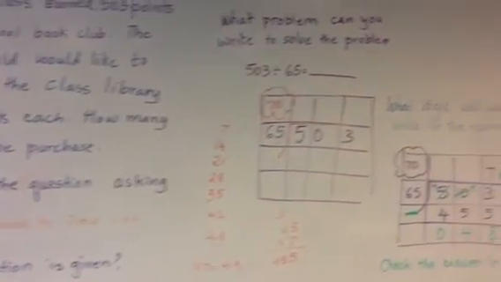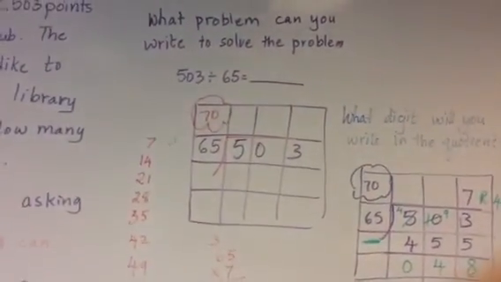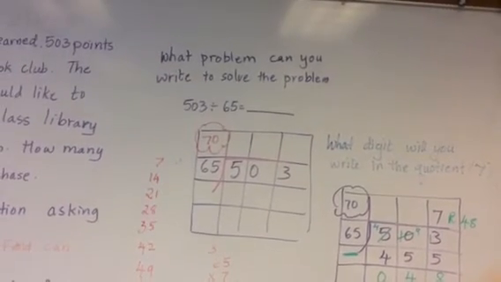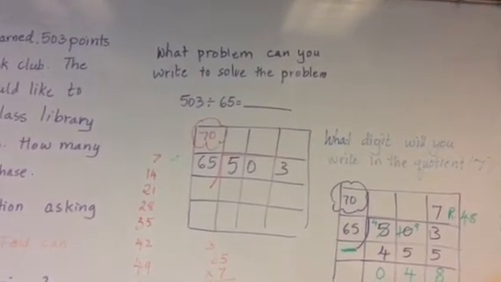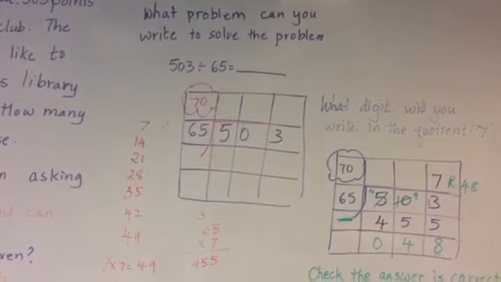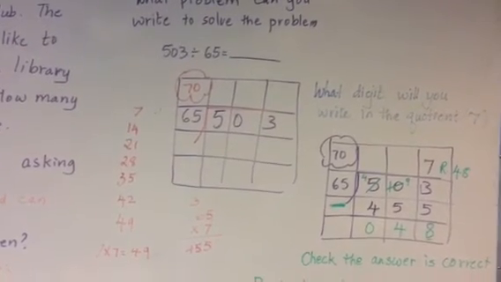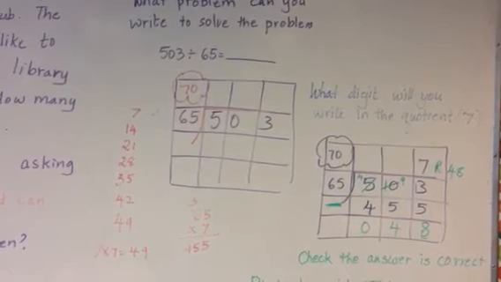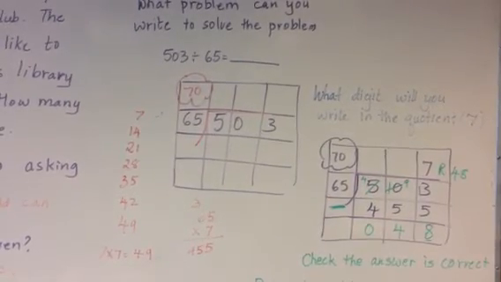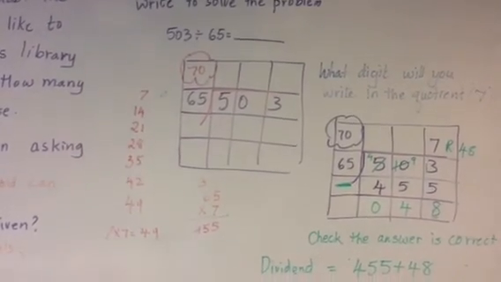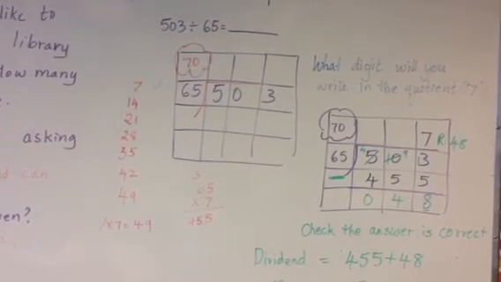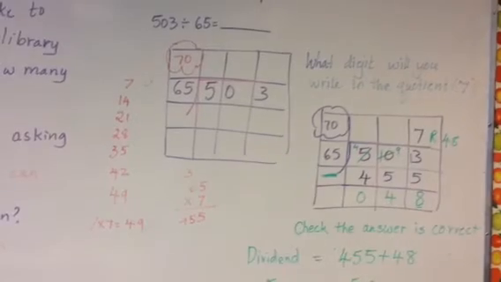What problem can you write to solve the problem? 503 divided by 65. Now I made a grid, and I put 503 and 65 as the divisor, and I put a 7 times table next to it to figure out how many 7s are there in 50.